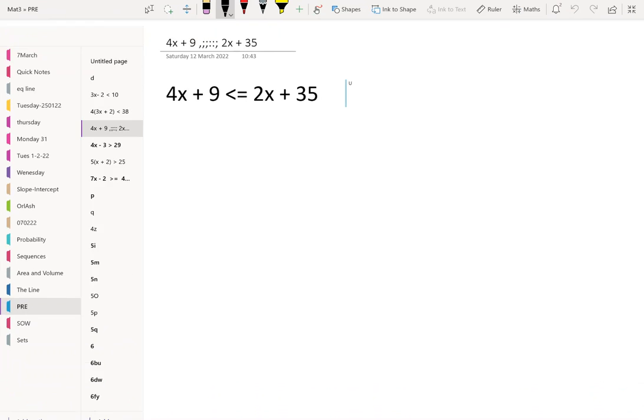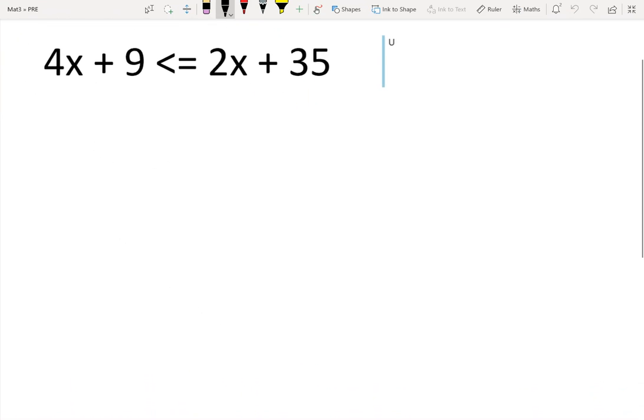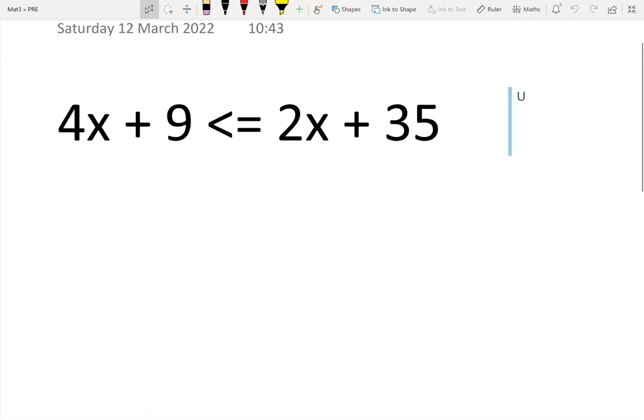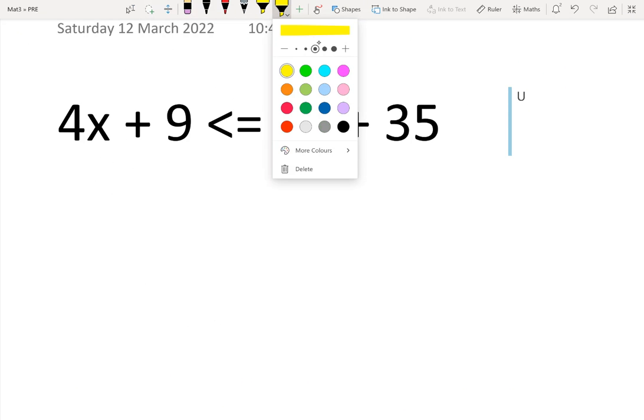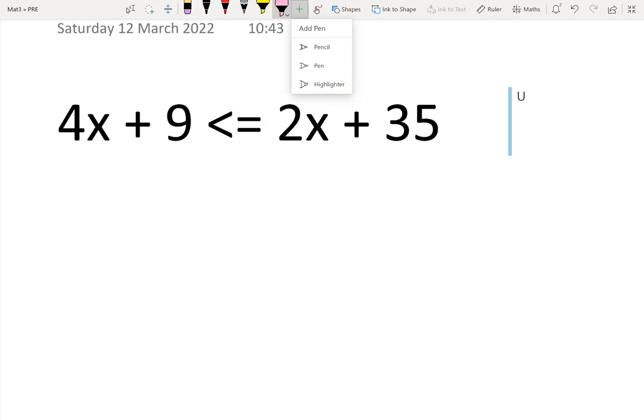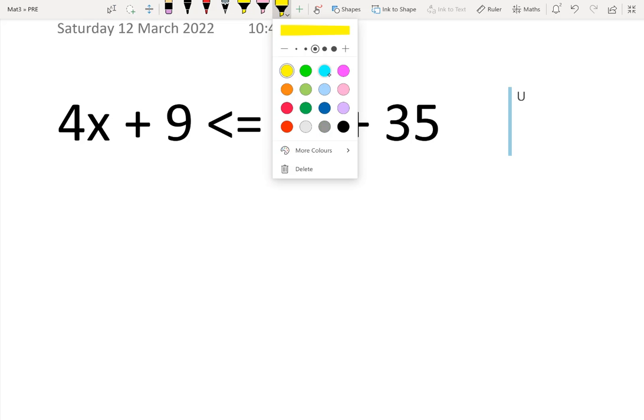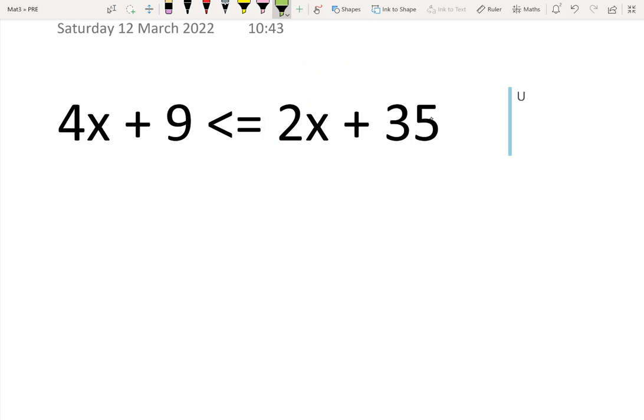Here now we have x's on both the left and the right. We bring the lesser of the two x's, this one, to the left.